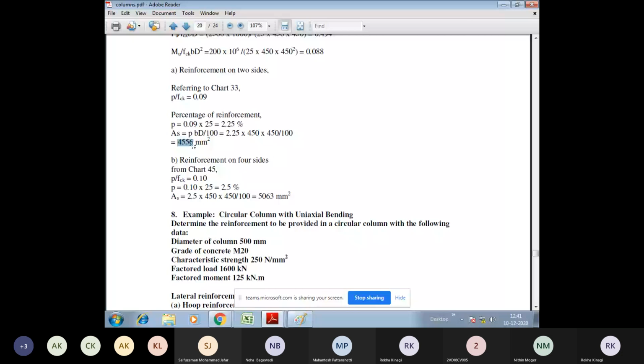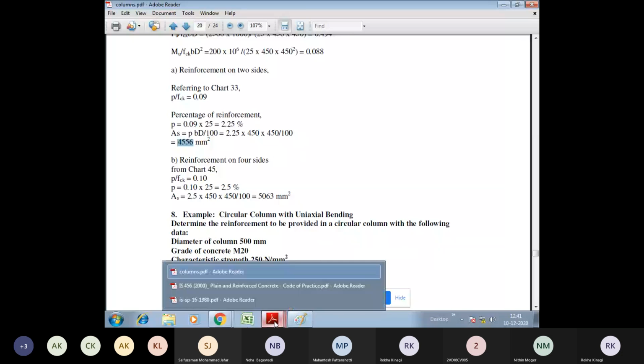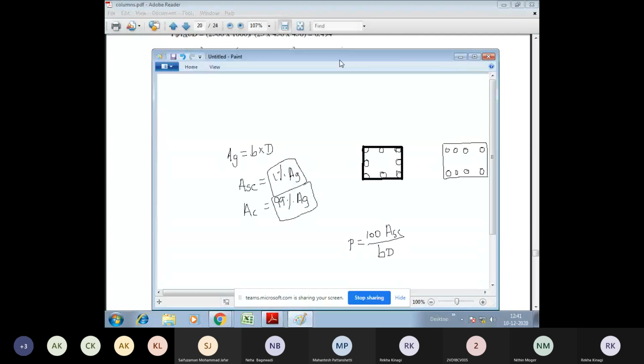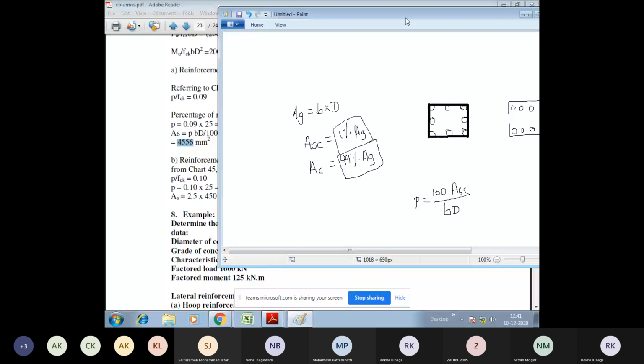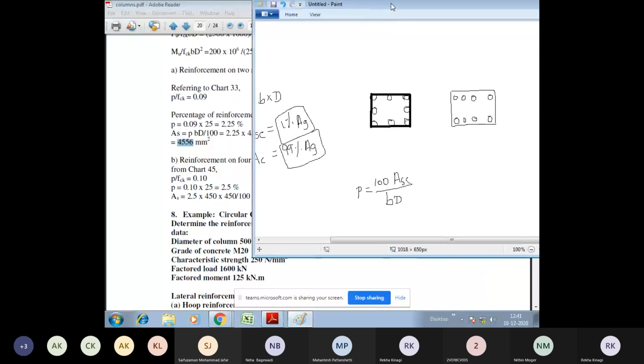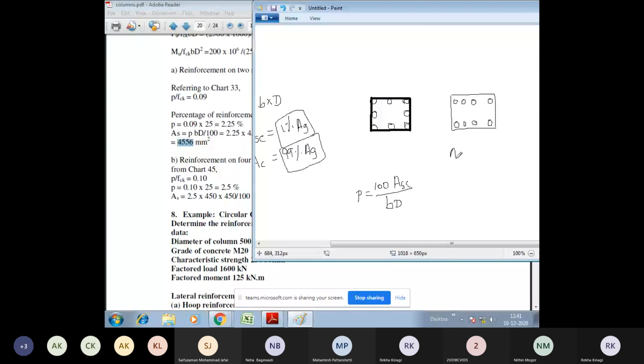If this is the total amount of steel, we can find out the number of bars as AST or ASC divided by the area of one bar, that is pi by 4 into 25 square. So for these 25 mm bars, how many bars are required, that we can calculate and put in as the detailing.